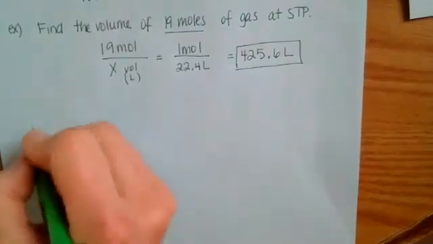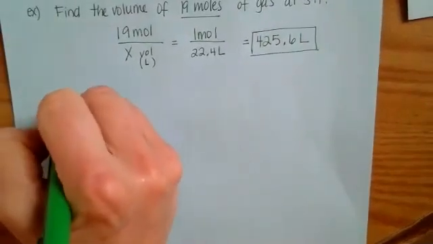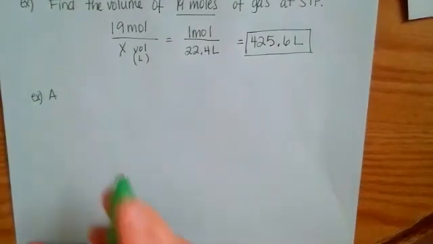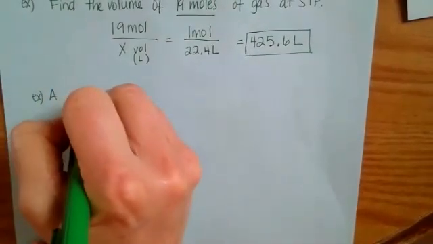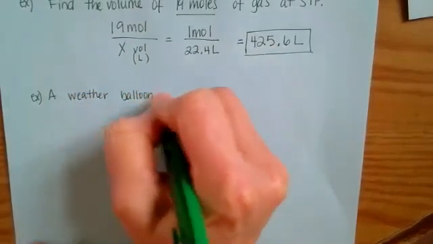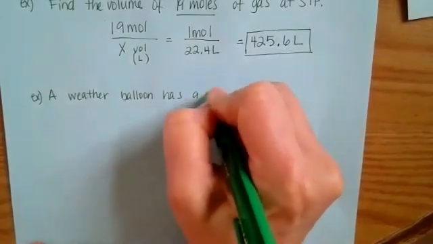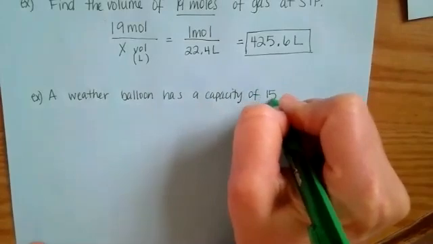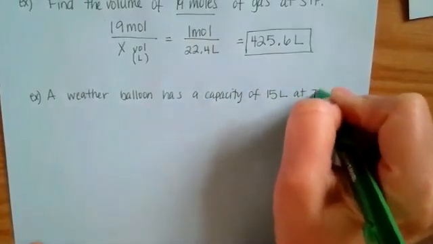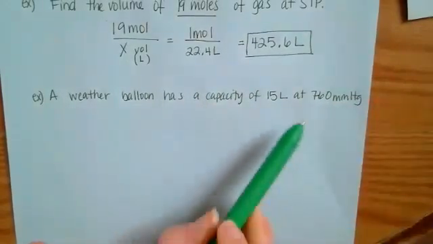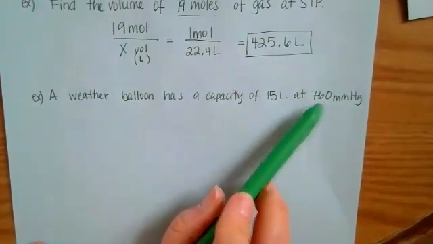All right, let's take a look at another problem, since we'll be doing some examples with the equation PV is equal to nRT, the ideal gas law. So a weather balloon has a capacity of 15 liters at 760 mmHg, which, by the way, happens to be a standard pressure.